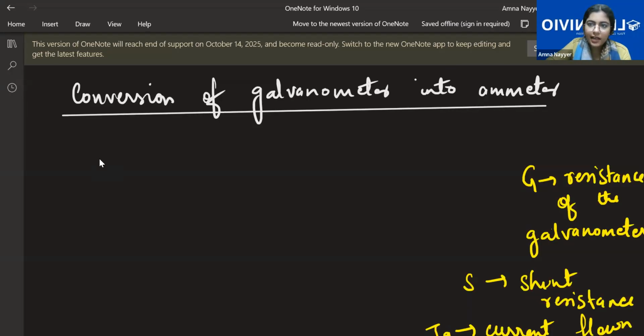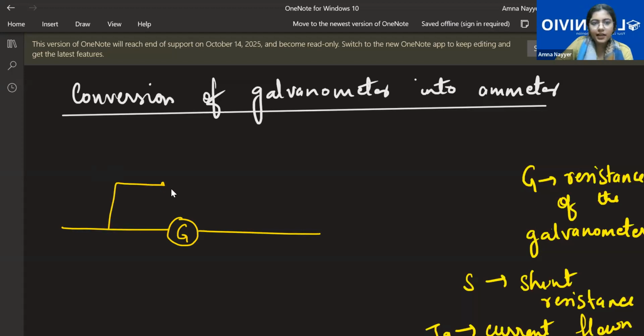But if you just have a galvanometer, how can you calculate it? So what we do is take the galvanometer. The galvanometer's resistance is G, this capital G that I have marked, and we connect a resistor in parallel to it. Whenever a resistor is connected in parallel, it is known as a shunt, a term you will also study in biology.